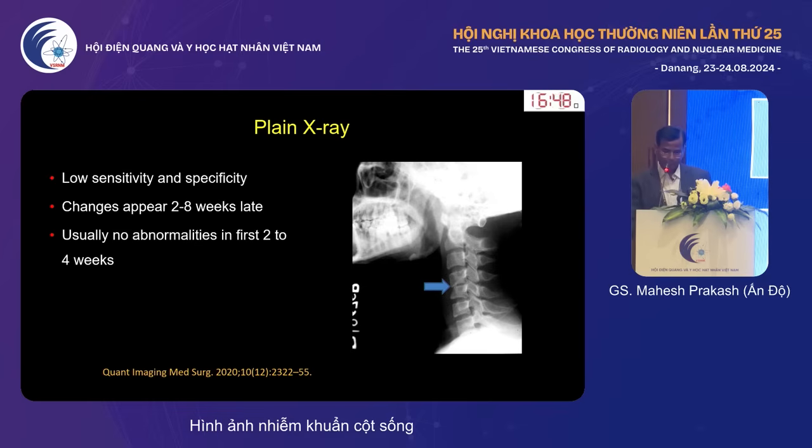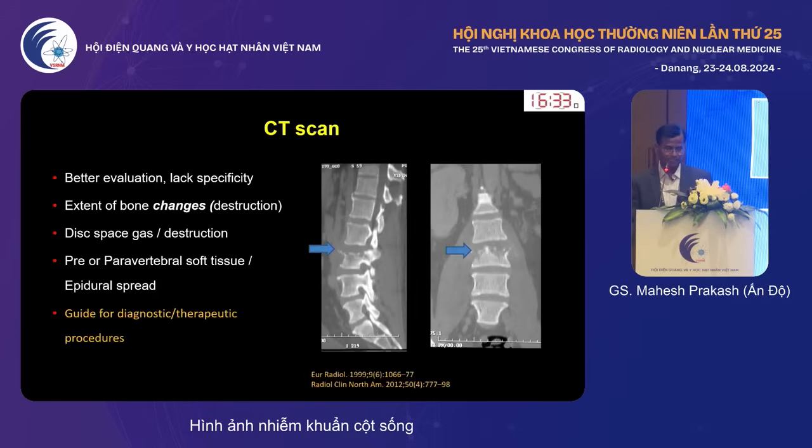But in later stages, you can see some changes in the end plates, and then destruction. That's why MRI is important, because it depicts the changes as early as possible. What is the role of CT scan? It evaluates better than radiograph, but lacks specificity.